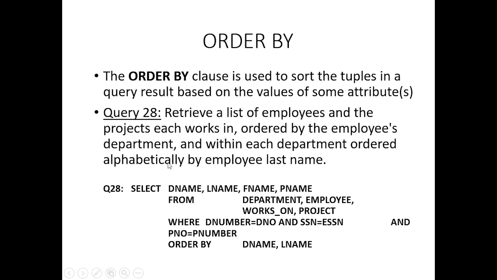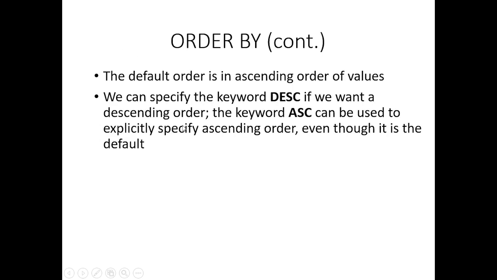Simply we can put the ORDER BY and list the attributes there. It must follow this particular order. And the default order is ascending order of values. So when we just write ORDER BY, it is ascending order.